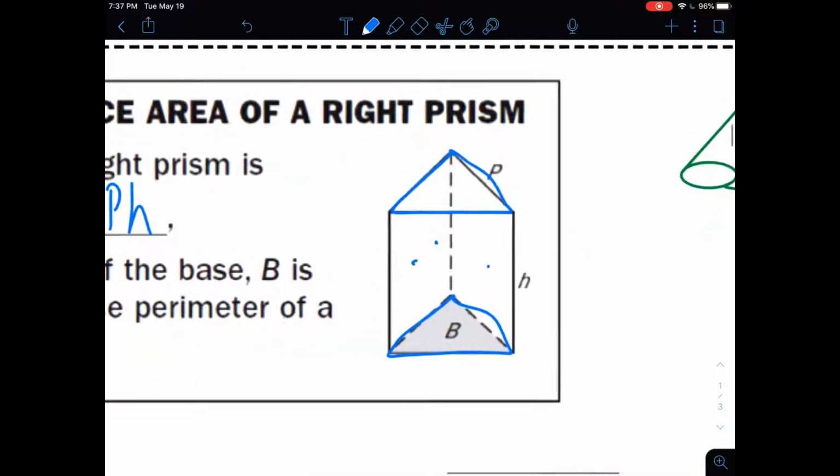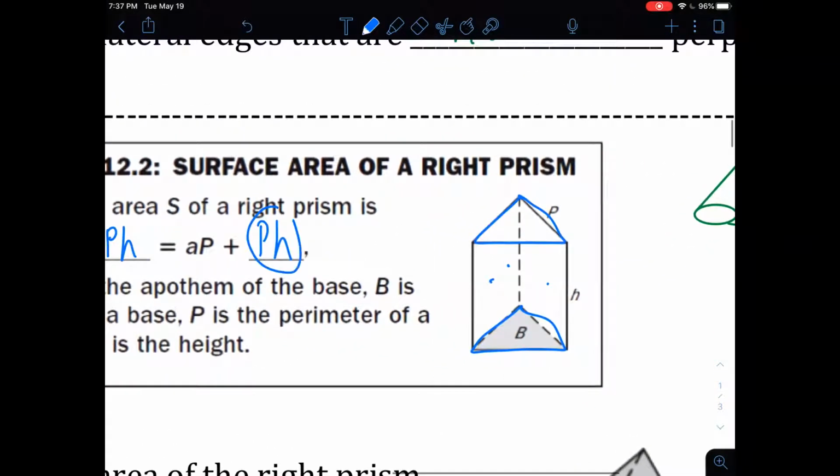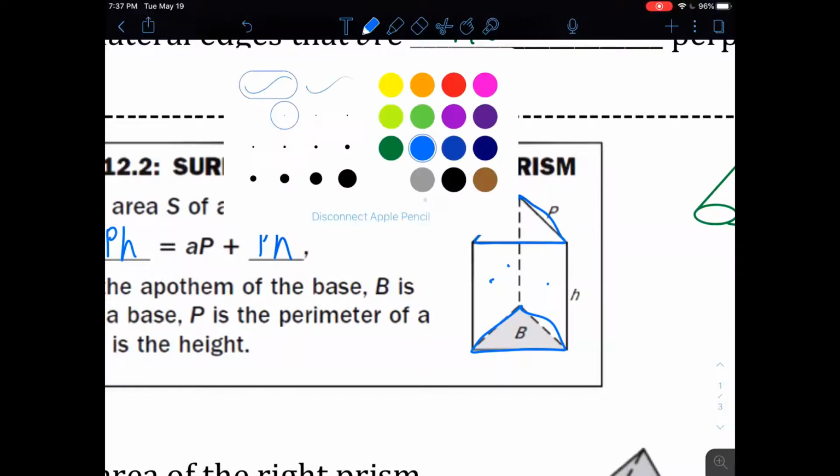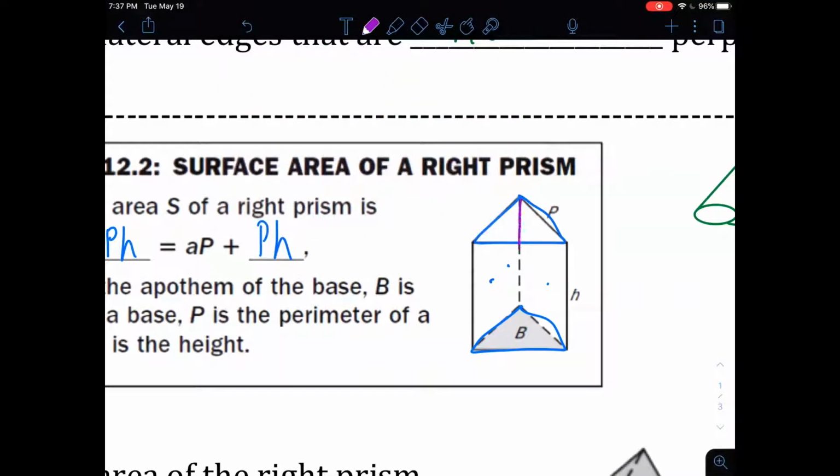The way you find the area, the perimeter times height, is kind of a shortcut. Looking at just this side right here, that's a rectangle. It's going to be length times width, and then we have to do this front rectangle and this side rectangle.